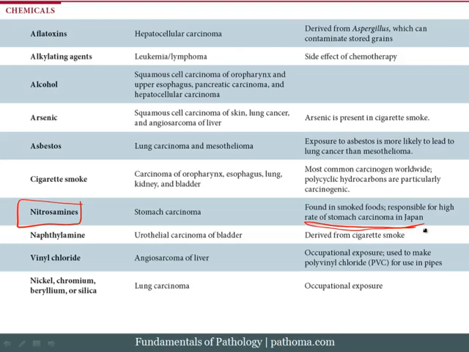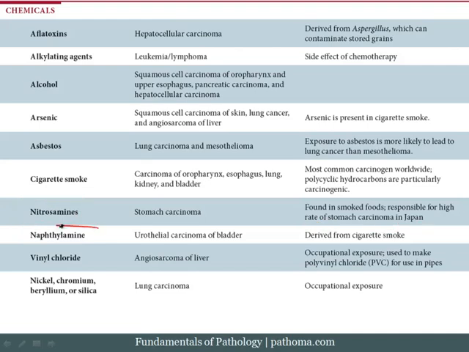You can get an intestinal type of stomach carcinoma, which is the more common type, and the second type is the diffuse type. Nitrosamines are related to the intestinal type of stomach carcinoma, and we'll give you more detail when we do the GI lectures, but let's put this away in your brain right now: nitrosamines are related to the intestinal type of stomach carcinoma.